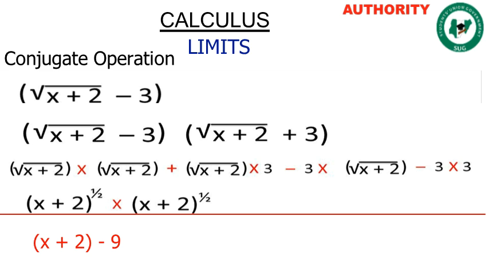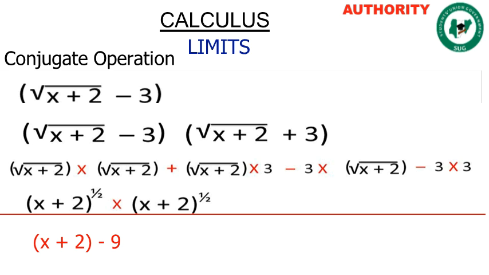Pick that, and then the other numbers, minus 3 times plus 3, will give you minus 9. So you pick the number under your square root and then multiply the second one by the other one, that is, minus 3 times 3. So it will give you x plus 2 in bracket minus 9. You understand what I'm saying?